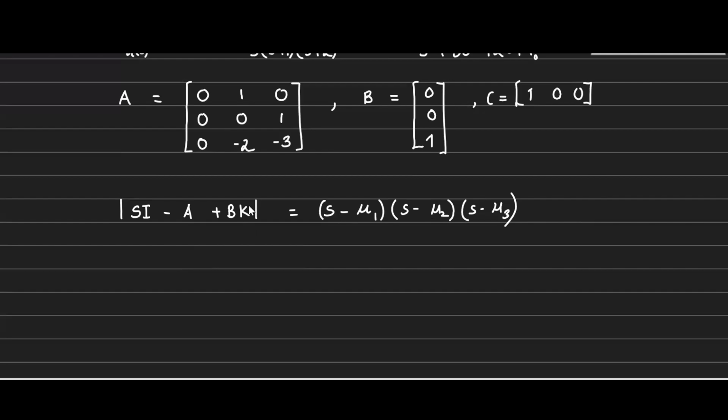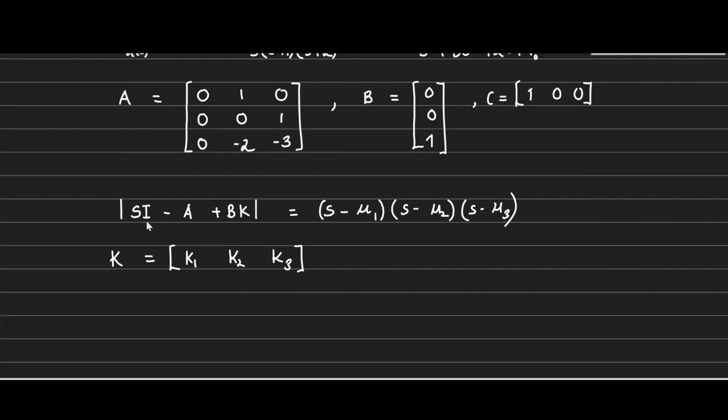So what is K? This matrix is the one we need to find. Since it's a third order system, we're going to have 3 values of K: K1, K2, and K3. It's actually a row matrix, a 1 by n matrix. So this is our K here.